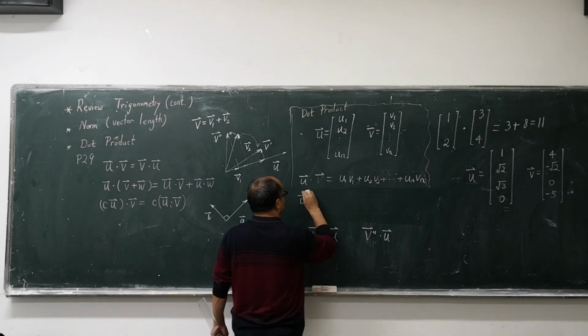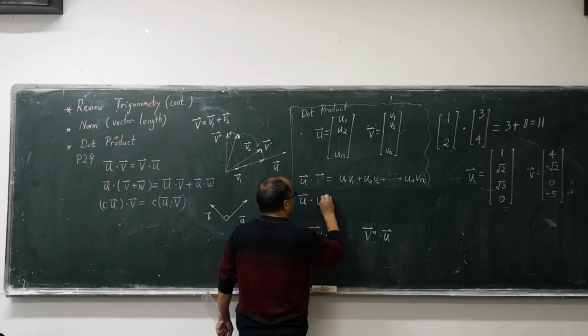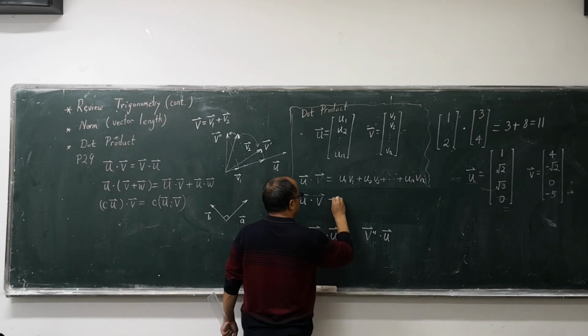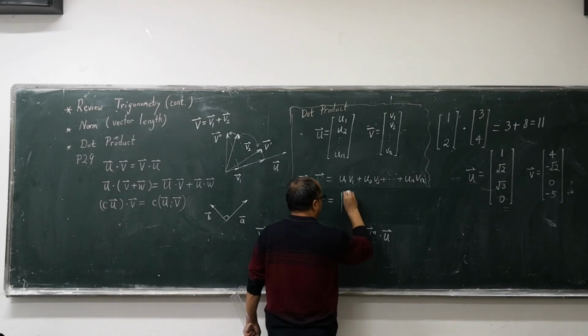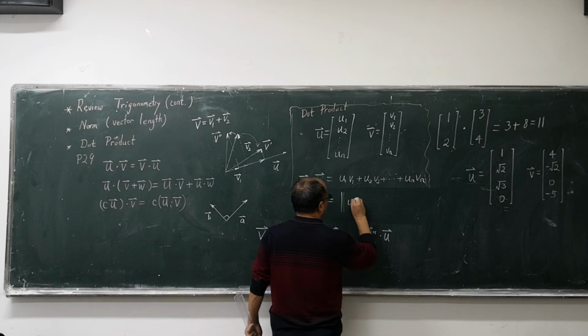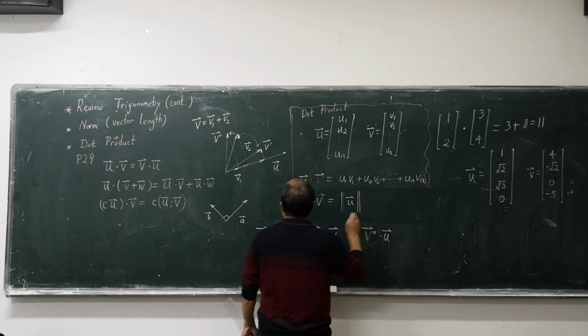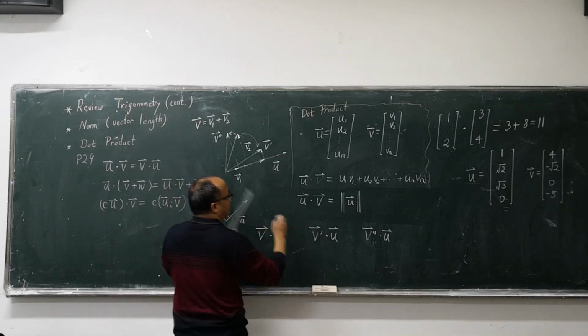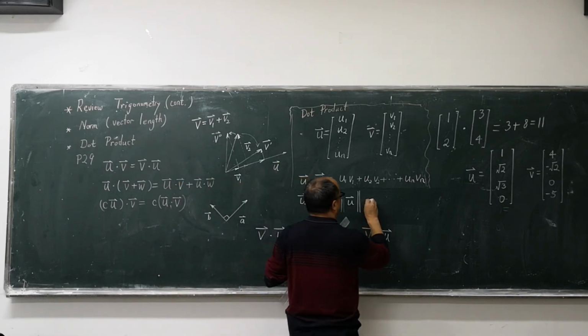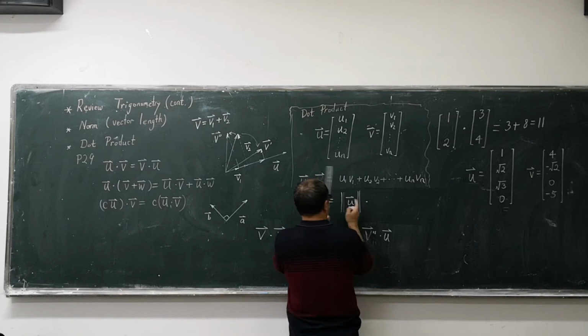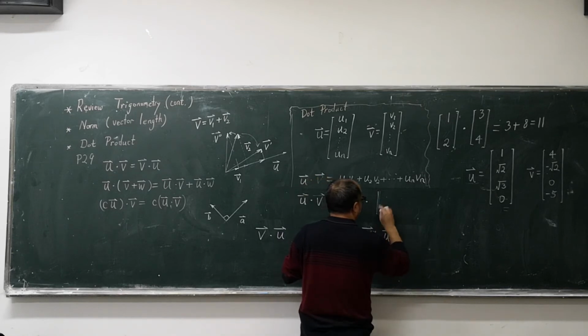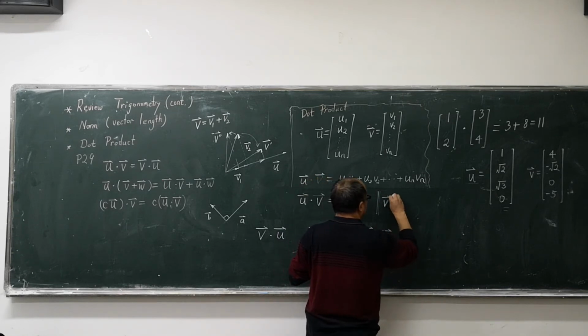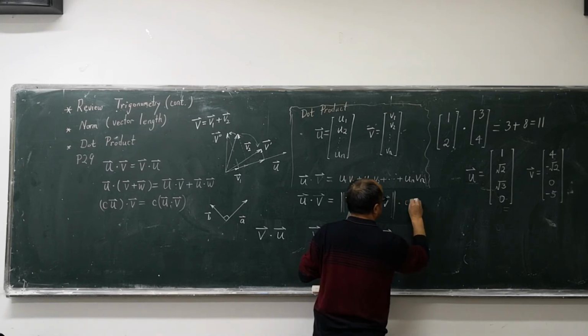So this is actually U the length, which is a number, and V the length times the cosine theta.